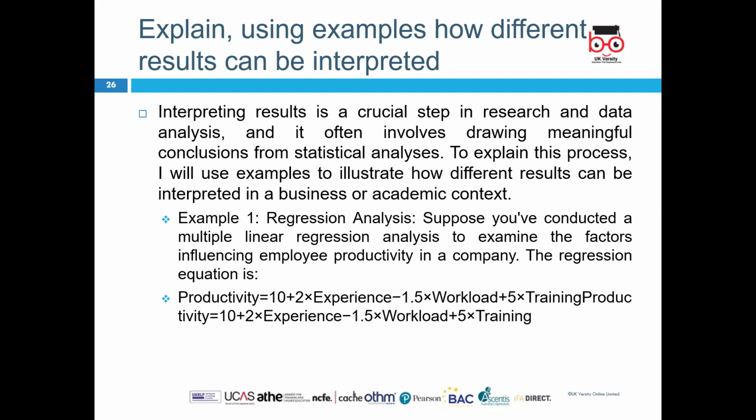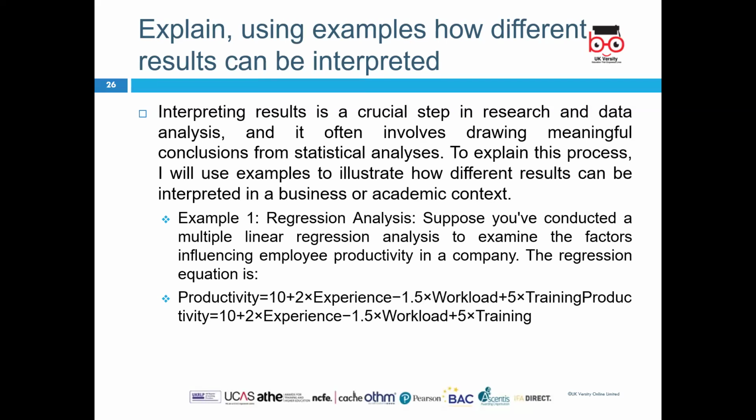To explain this process, let us look at an example with respect to the factors which influence employee productivity in a company. The regression equation is: productivity is 10 plus 2 times experience minus 1.5 times workload plus 5 times training.